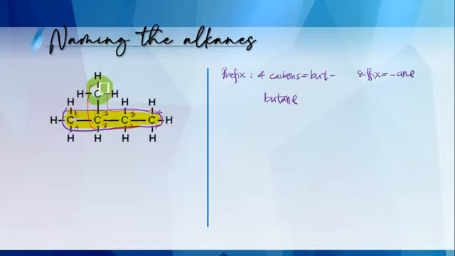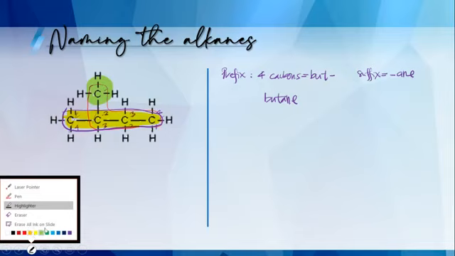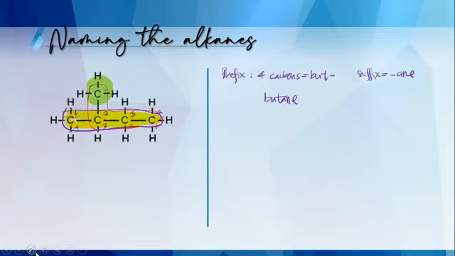This is the substituent group attached to the carbon chain or carbon backbone. If you can see, the substituent group consists of one carbon and 3 hydrogens, so it's called CH3, which is called methyl.